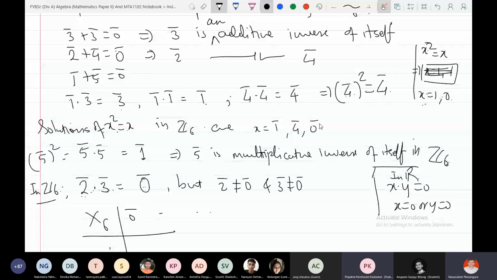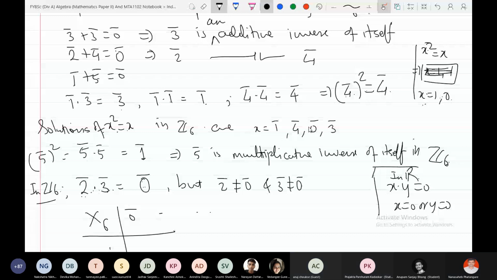Student: Sir, as we take 3 bar into 3 bar, we get 3 bar. Yes, very good. 3 bar is also a solution. Is 2 bar a solution? No, sir. So there are 4 solutions, right?